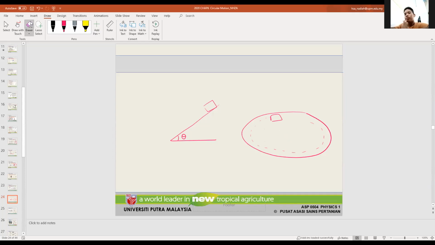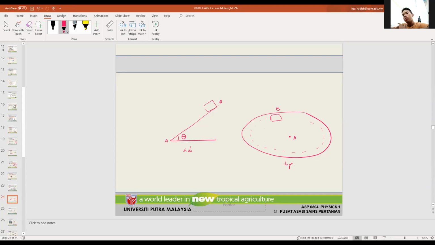Okay, so you have a center that is at a lower position than where your car is. Okay, ni point A, ni point A. Atas ni point B. Okay, ni side view, ni top view. Okay, so your car is moving dalam satu kawasan yang bulat tapi dia condong ke bawah.